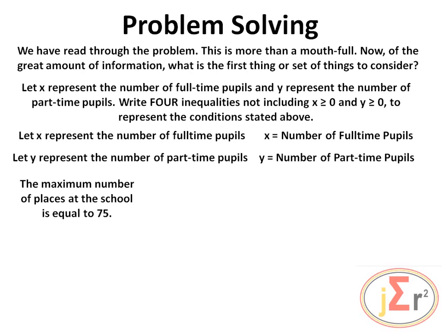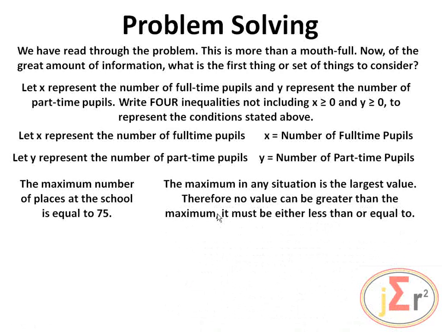It says now the maximum number of places at the school is equal to 75. So of course we are going to write 4 inequalities, and the first statement that we will write our inequality on is this one. The maximum in any situation is the largest value. Therefore, no value can be greater than the maximum. It must be either less than or equal to.